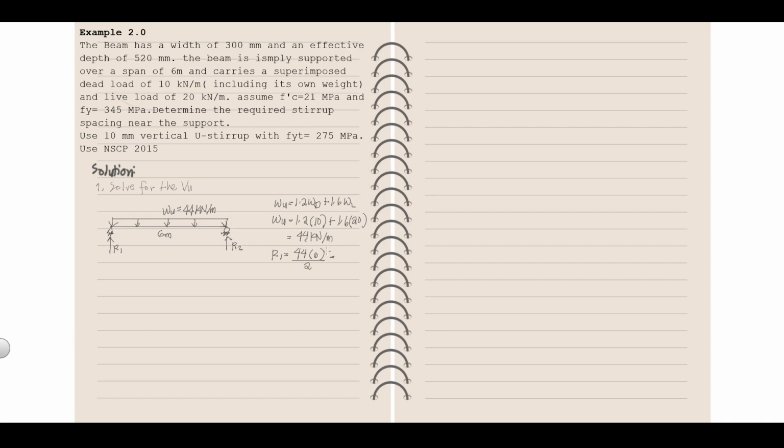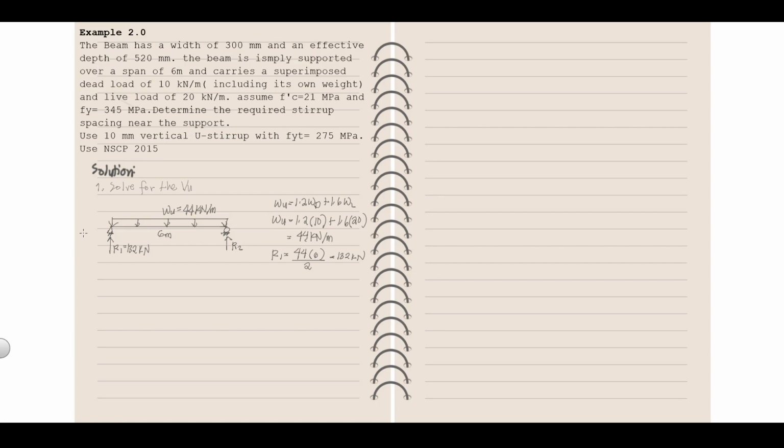So we will have an R1 of 132 kilonewton.